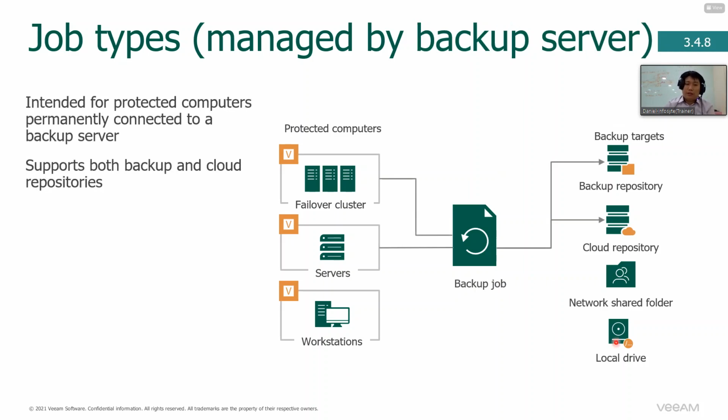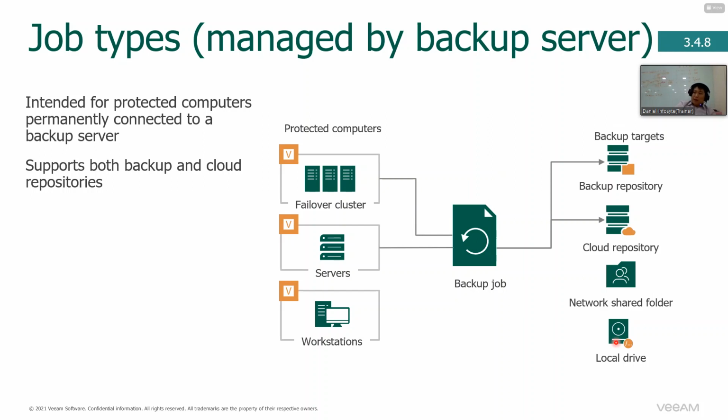Okay, so after your protection group is ready, with machines that have the agent installed, we can now try to create the backup job. The backup job will select the machine with the agent already pre-installed, or the entire protection group that will apply to multiple machines underneath it.